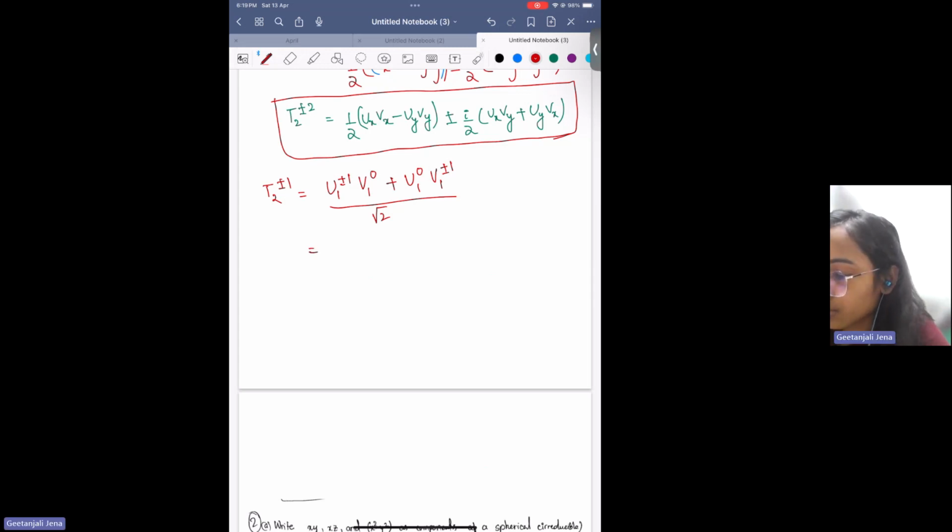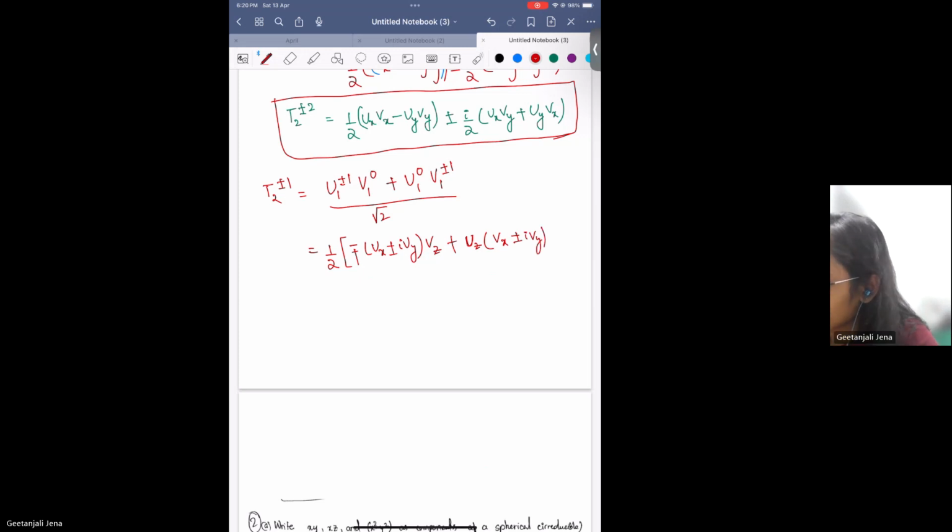So if you put it, the final expression would be half, there will be minus plus sign, ux plus or minus iuy vz plus uz, and there will be a term vx plus or minus I vy. And there will be a minus plus sign here also.